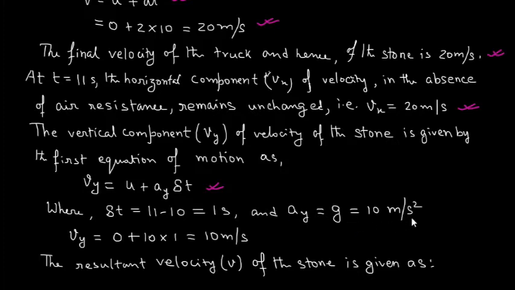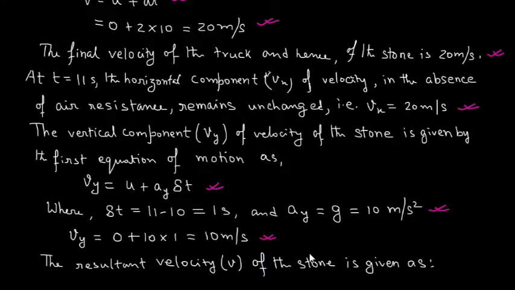Ay is equal to g, which is acceleration due to gravity, that is 10 meter per second square. Vy is equal to 0 plus gt, that is 10 into 1, that is 10 meter per second.